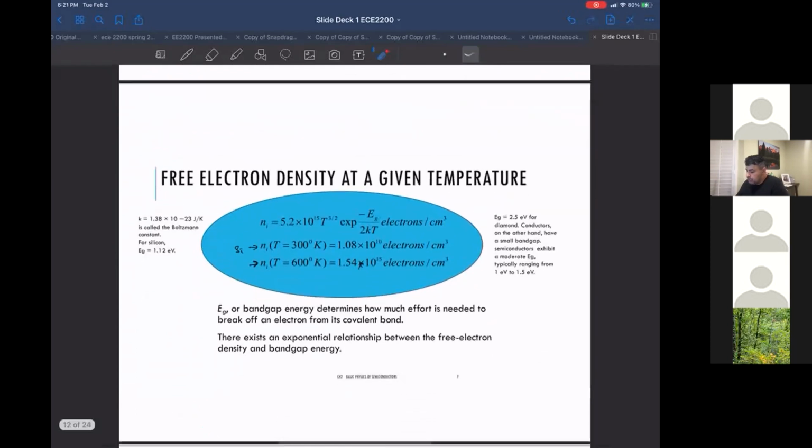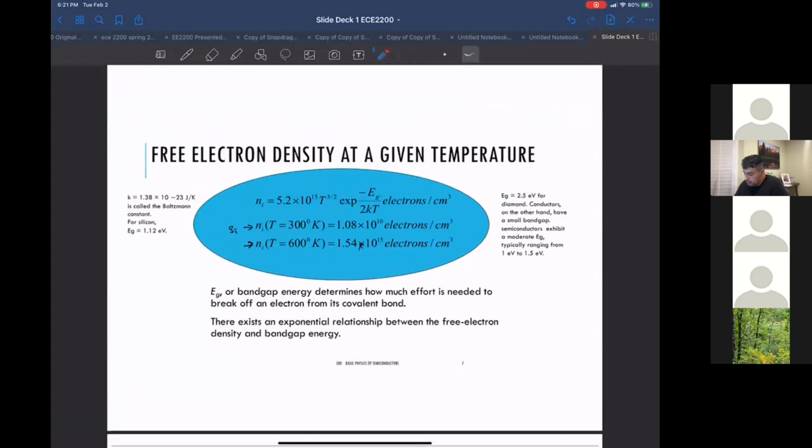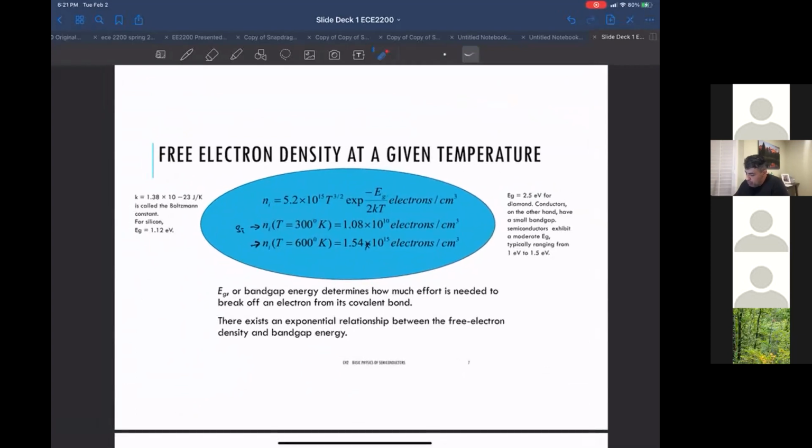And it turns out there's this equation for the number of free charge carriers in a semiconductor. This is the charge density.